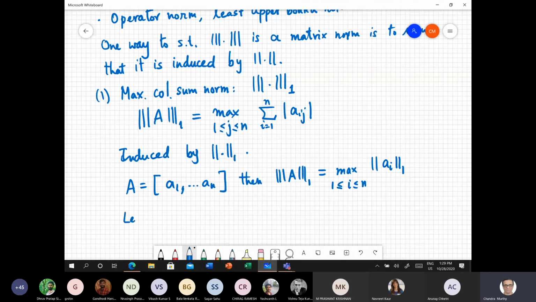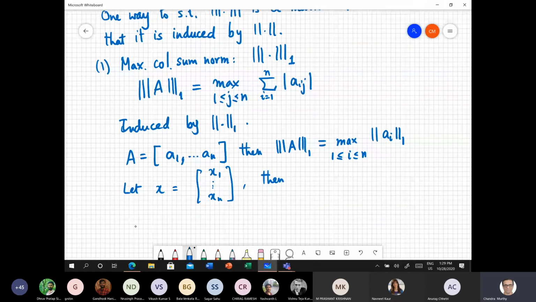Now if we let x be equal to this vector x1 through xn, then if I look at the L1 norm of Ax, this is equal to the L1 norm of x1 A1 plus ... plus xn An.